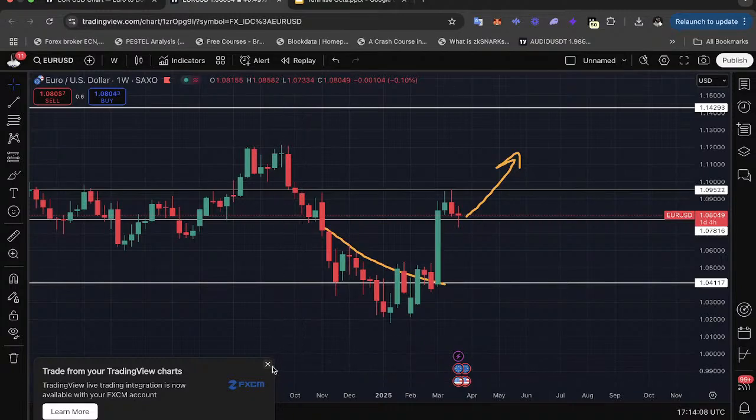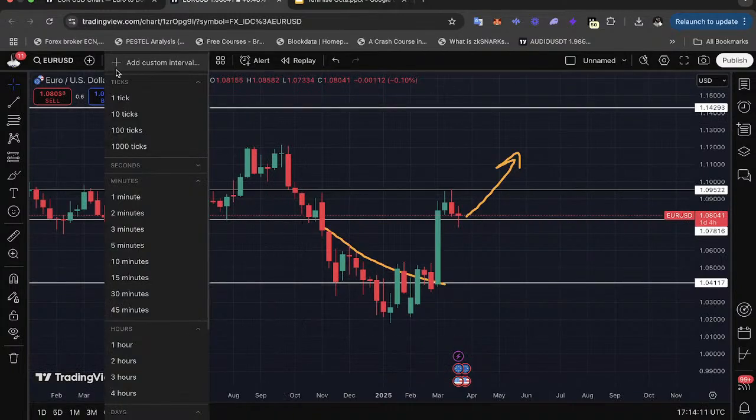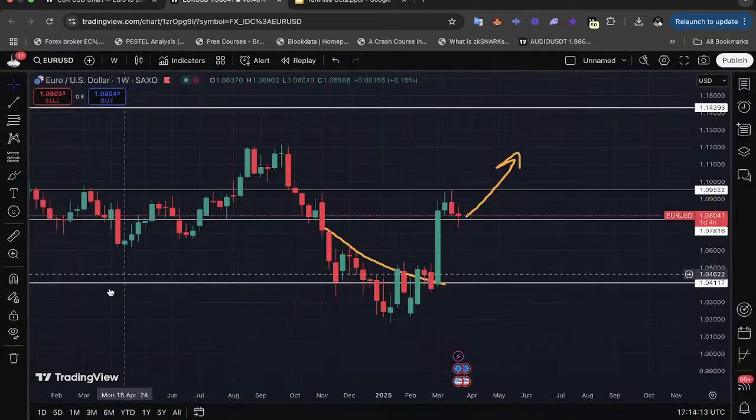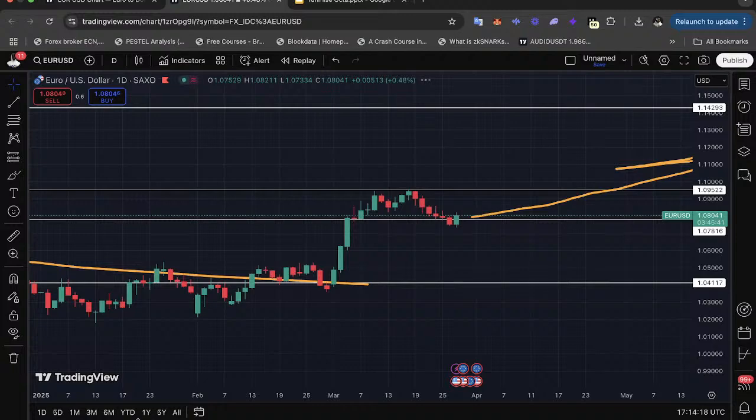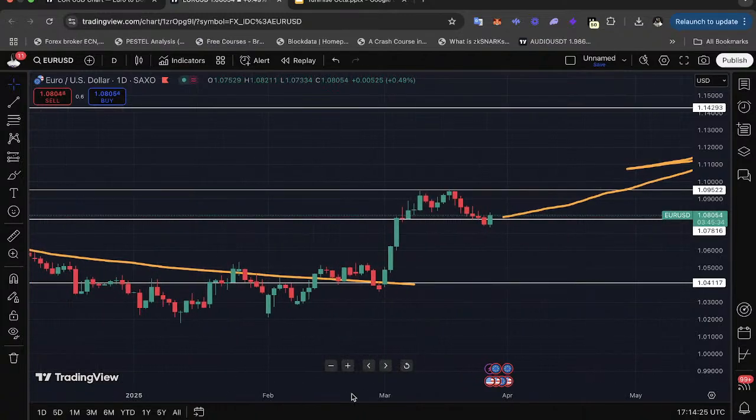So let's go to the daily time frame. Good. So you can now see that on our daily time frame, we are seeing some very interesting insights.